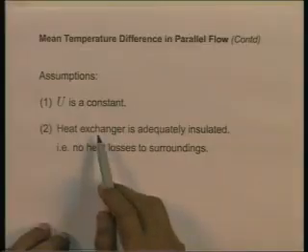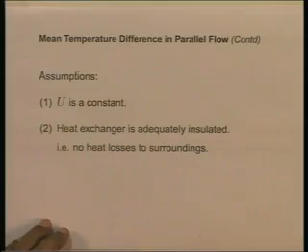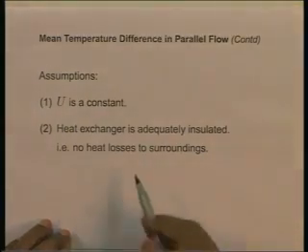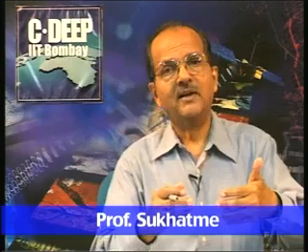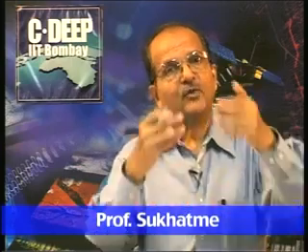The second assumption we are going to make is the heat exchanger is adequately insulated, so that there are no heat losses to the surroundings. What we mean by this is the hot fluid, whatever heat it gives up, whatever loss of enthalpy it has, all that energy flows to the cold fluid. None of that energy is lost to the surroundings. Usually this is a good assumption, because the purpose of a heat exchanger is to transfer heat from a hot fluid to a cold fluid, not to lose the energy to the surroundings.